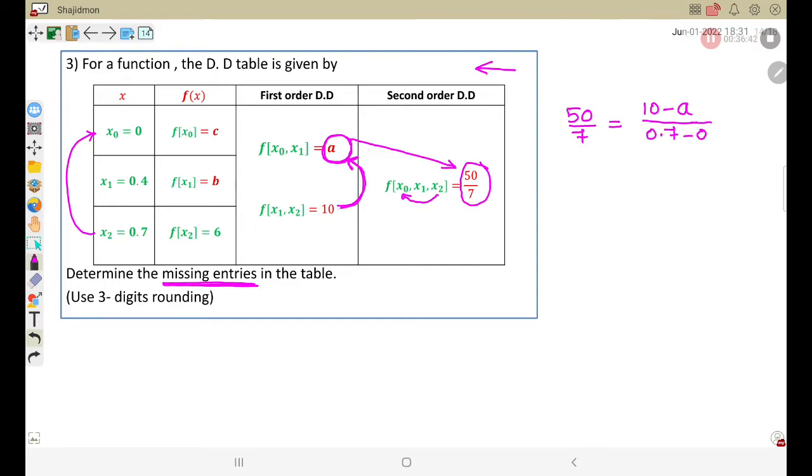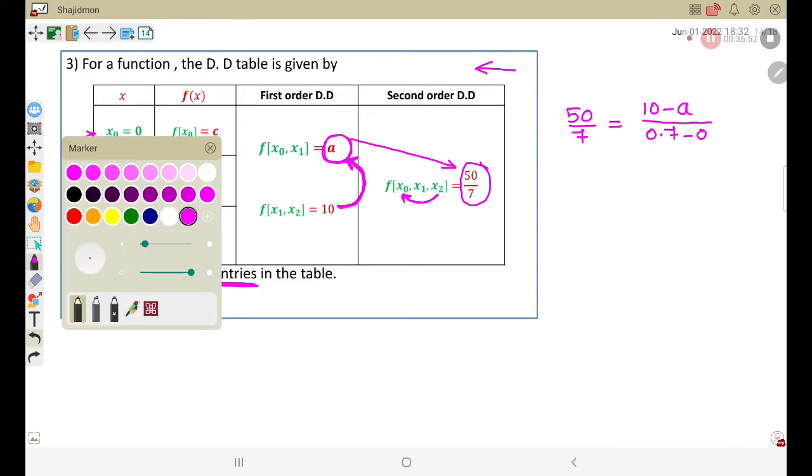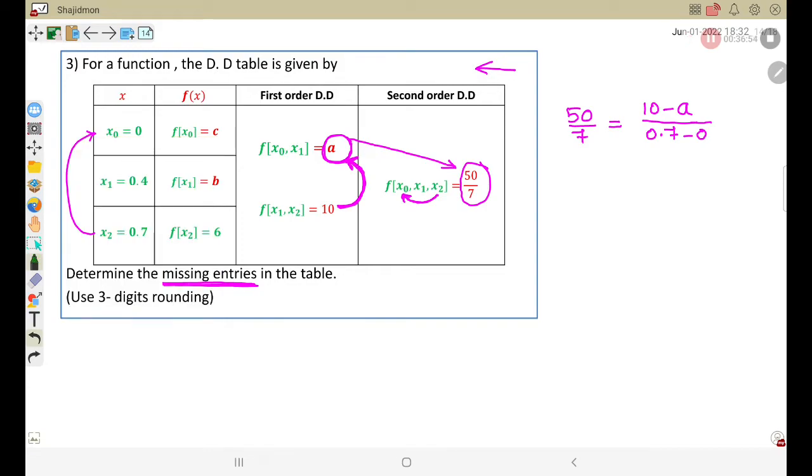This number 10 minus the number in the previous column, then divided by x2 minus x0, that means 0.7 minus 0. Now calculate the a number using 3 digits rounding. It is not mentioned in the question, but we are using 3 digits rounding. So first we calculate 50 over 7. You can check, it is equal to 7.14.